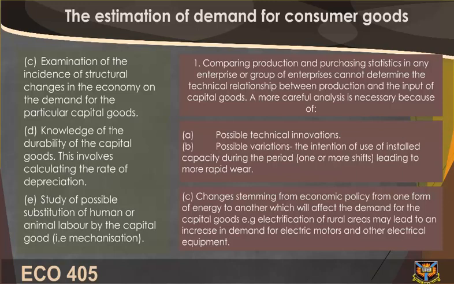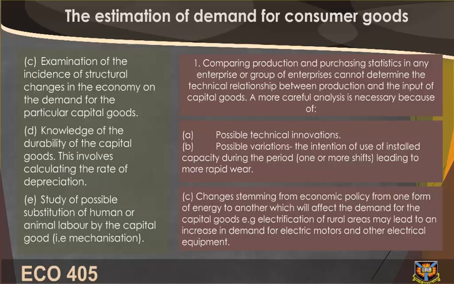Comparing production and purchasing statistics in any enterprise or group of enterprises cannot determine the technical relationship between production and the input of capital goods. A more careful analysis is necessary because of: A. Possible technical innovations.